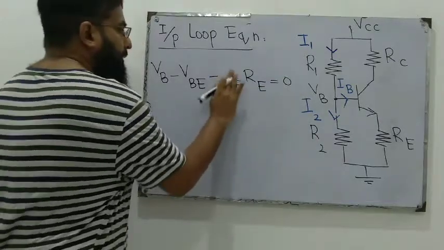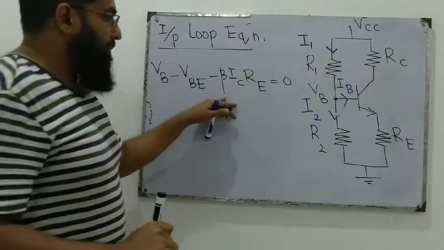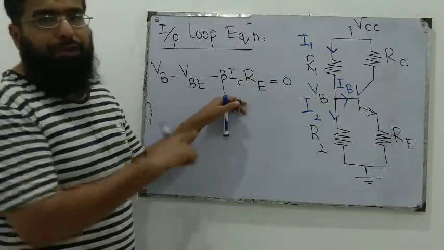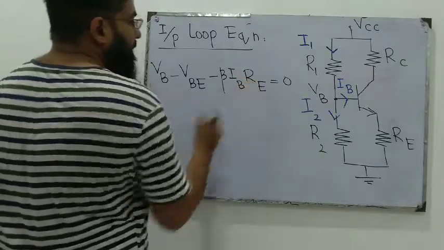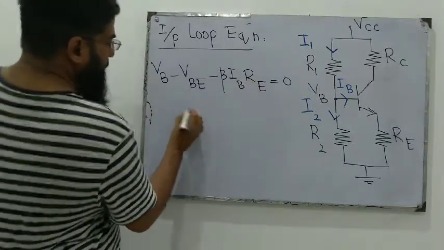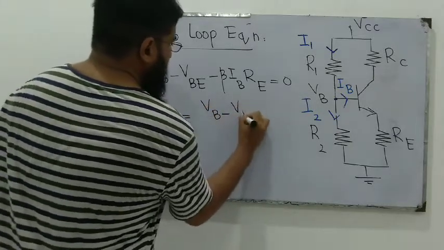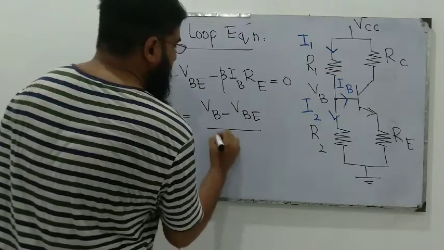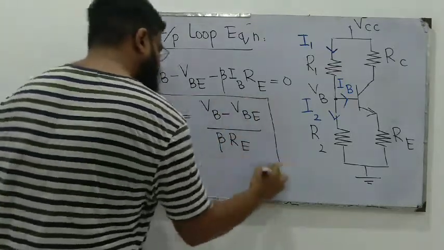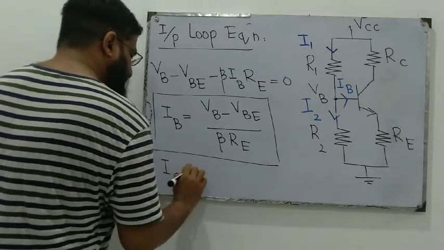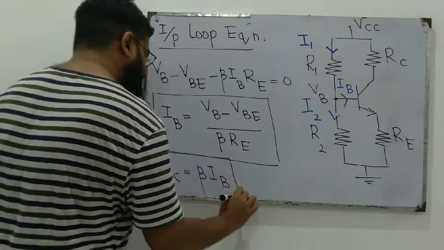This drop across Re can be written as beta times IC. We derived an expression for this in our last lecture: beta IB. So we can solve it for IB, which is VB minus VBE over beta times Re. And IC can be written as beta times IB.